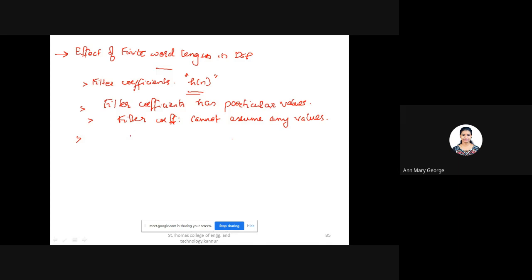നമുക്ക് കിട്ടിയ കോഎഫിഷ്യന്റ് എങ്ങനെ റെപ്രസെന്റ് ചെയ്യാം? ബിറ്റ്സ് അല്ലെങ്കിൽ ബൈനറി വാല്യൂസ് ആയിട്ട് നമുക്ക് റെപ്രസെന്റ് ചെയ്യാൻ പറ്റും.